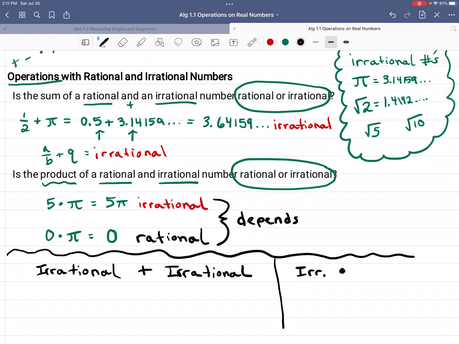Irrational times irrational, we're going to use a dot to show times instead of an x, because in algebra we use x for other things. So let's say that we have the square root of 2 plus the square root of 2. Well, that would equal 2 square roots of 2. And that is still irrational.